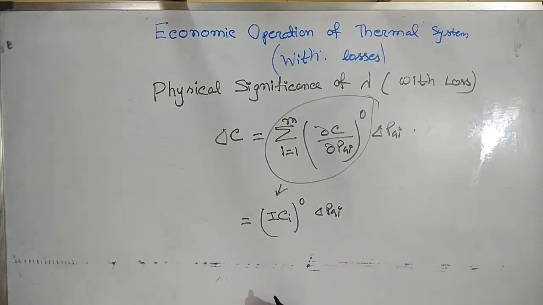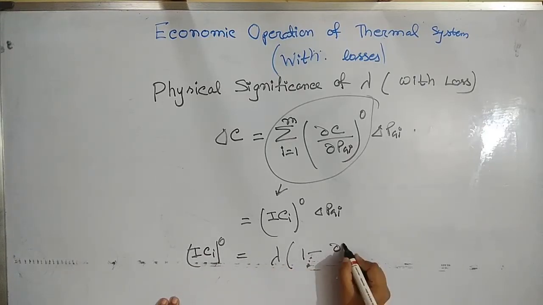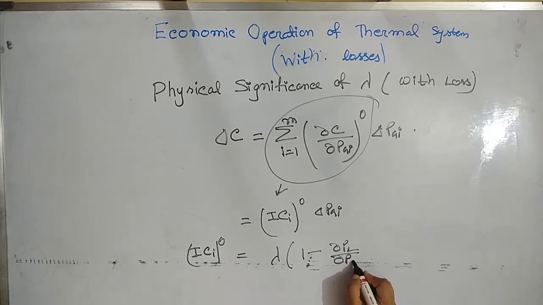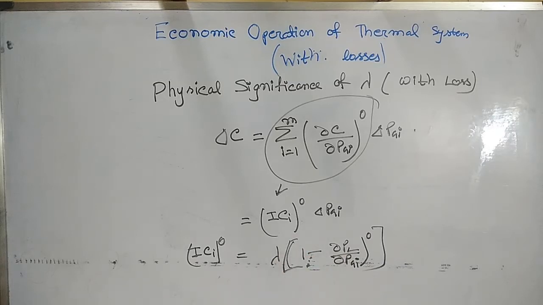Now again from the exact coordination equation we can write the incremental cost as lambda into 1 minus the partial derivative of PL with respect to PGI. Put the value of incremental cost in this equation.